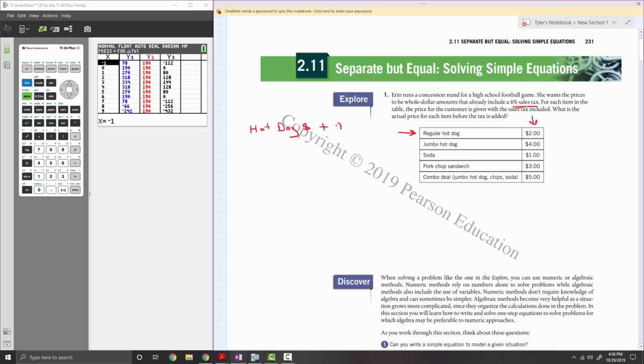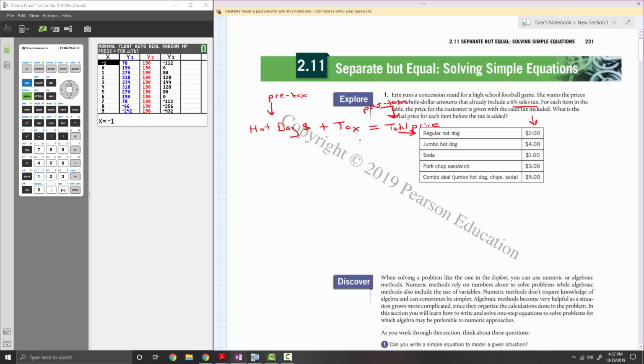And then we have to add in the tax to get the total price, right, in the end. So when I use the word hot dog dollars or hot dog price here, I'm meaning before tax, right? How much you would pay without tax. So then total price, I'm using that word just to mean how much you would pay after tax, right? So this is pre-tax, and this price is post-tax, or with tax, right?